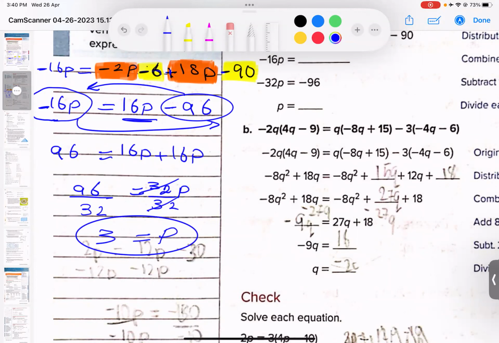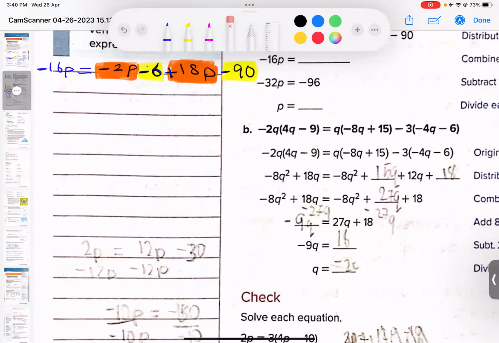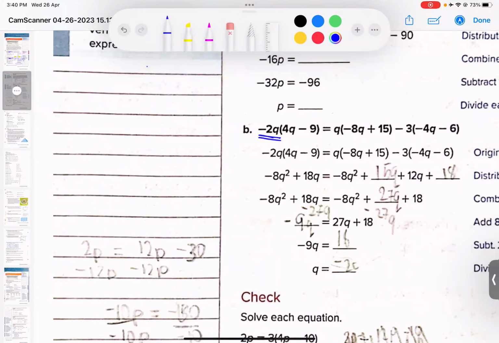Yeah, okay. So right now, let me try to move to the second question. Let me try to erase it because I don't have enough space right now to do it. So here we have negative 2q.